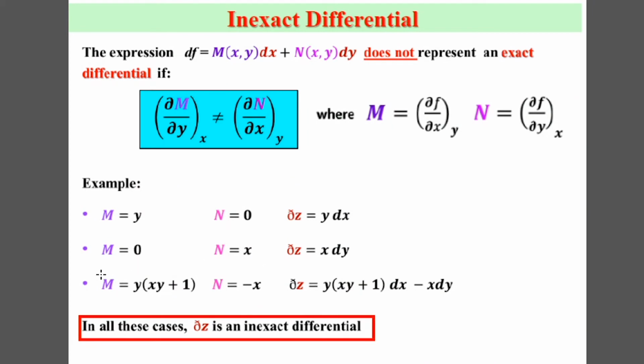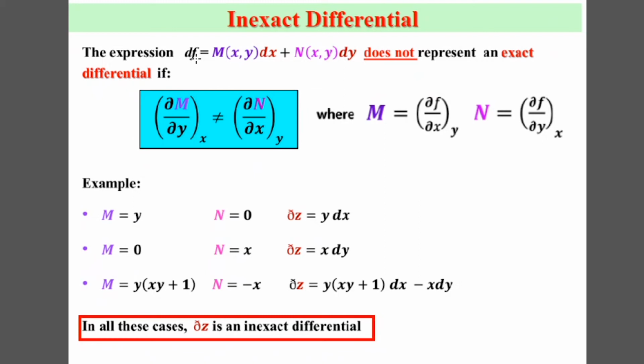From here you can see, you plug in the m and n values in this and you will get the total differential f or total differential z. Usually we do not write f, or you can write f, it's not wrong. You usually write a function z is a function of x and y.